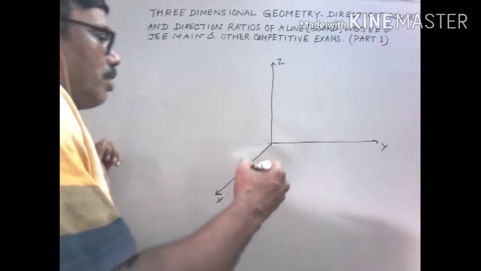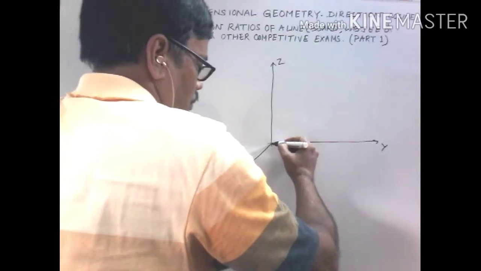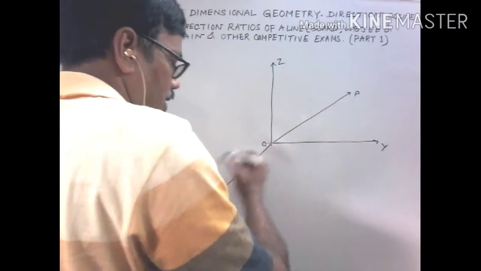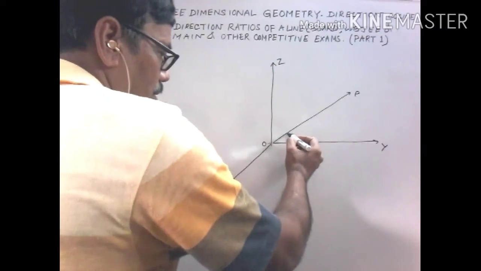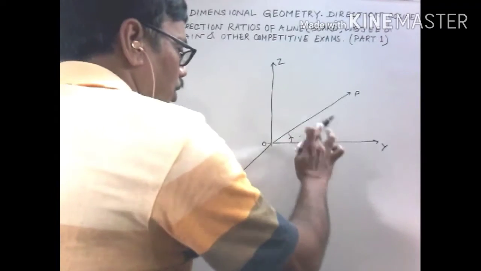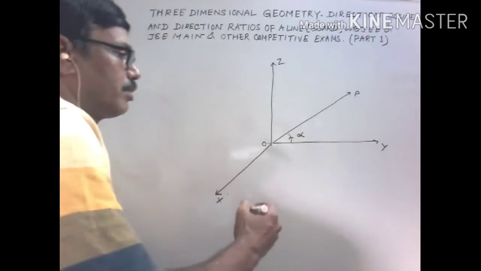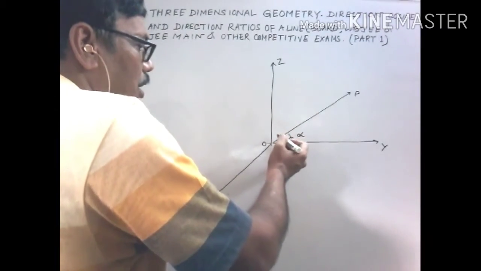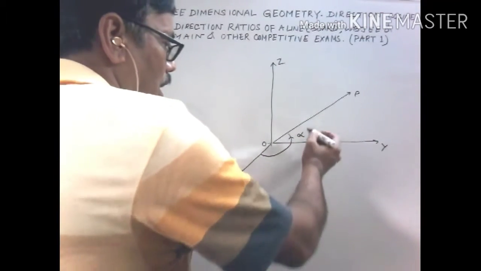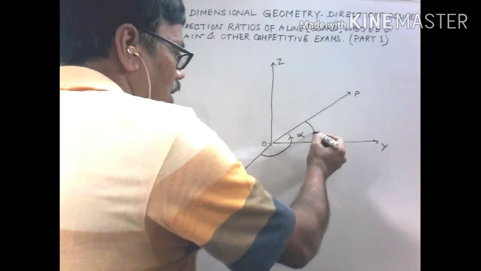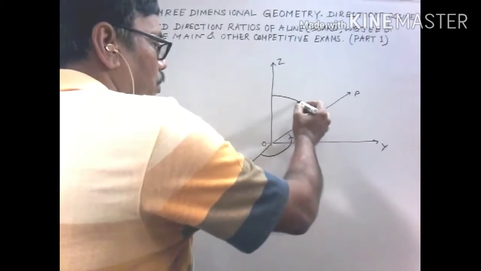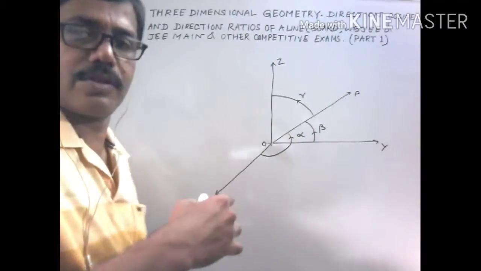So suppose OP is a line, any line, O is the origin. This line makes an angle alpha with the positive x-axis, beta with the positive y-axis, and gamma with the positive z-axis.